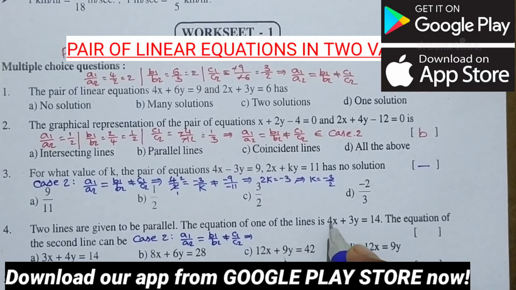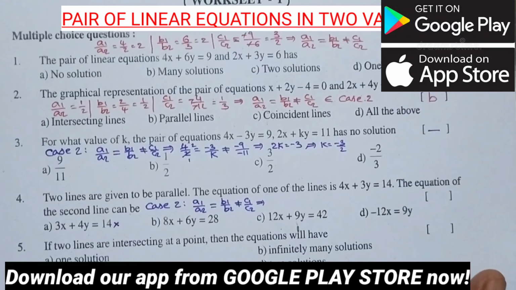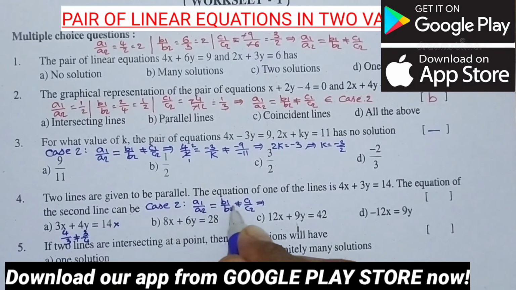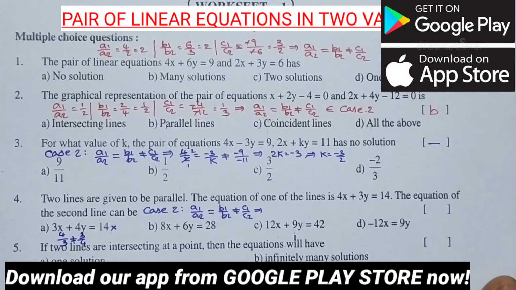Let us check here, 4 by 3, 3 by 4, they are not equal. So the first option can't be the right answer. Why? Because a1 by a2 we get 4 by 3, and b1 by b2 is 3 by 4. They are not equal, but here they should be equal. So option A can't be the right option.